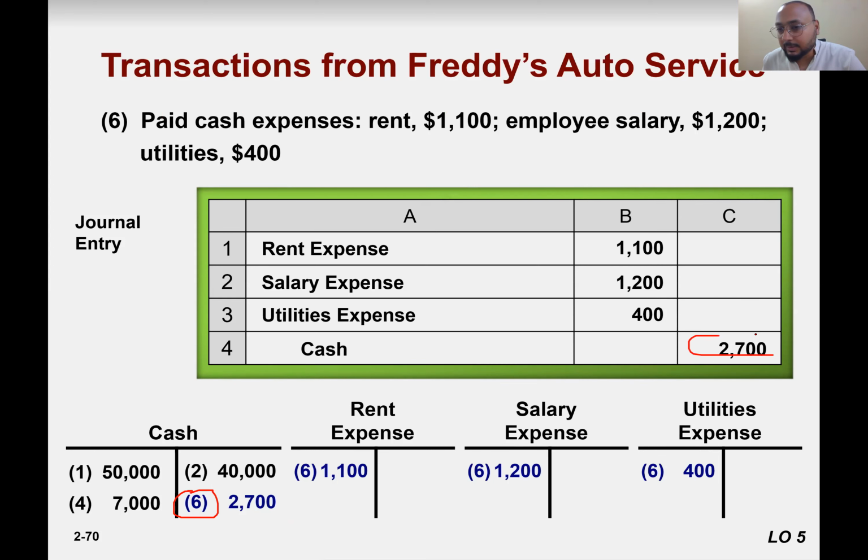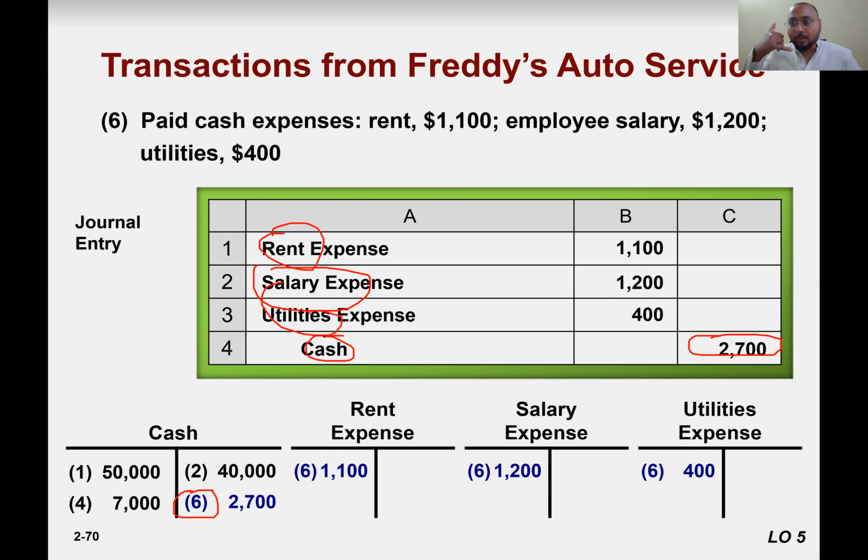So this is the transaction. This is called a combined entry, in which we are using more than two accounts: 1, 2, 3, and 4. How are we going to pronounce it: rent expense 1100, salary expense 1200, utility expense 400 to cash 2700.